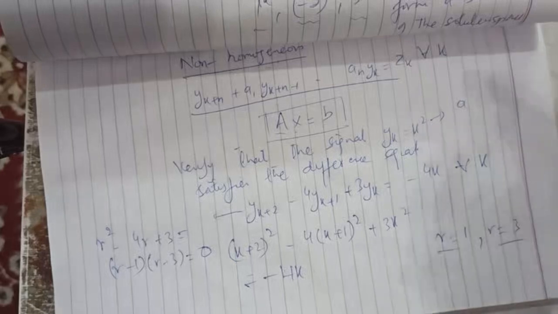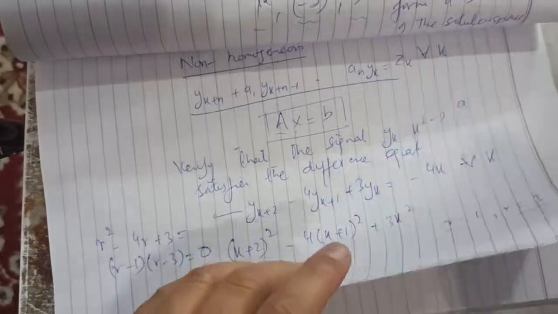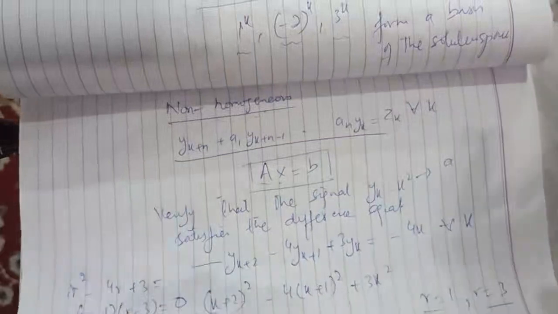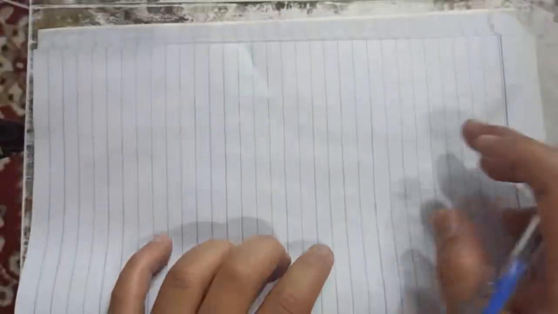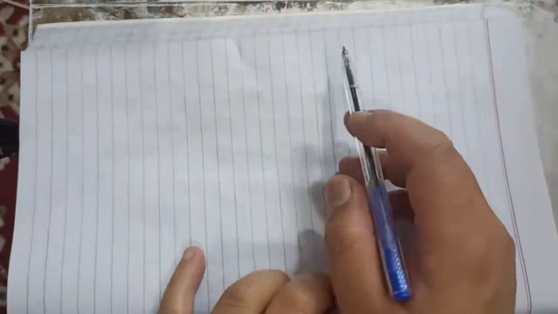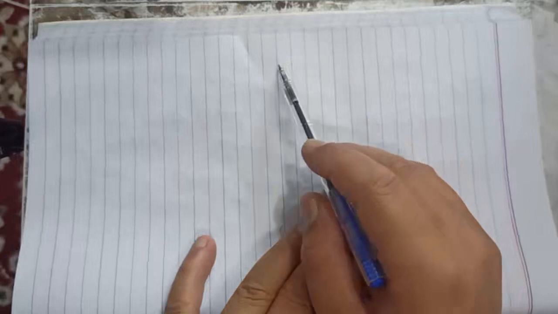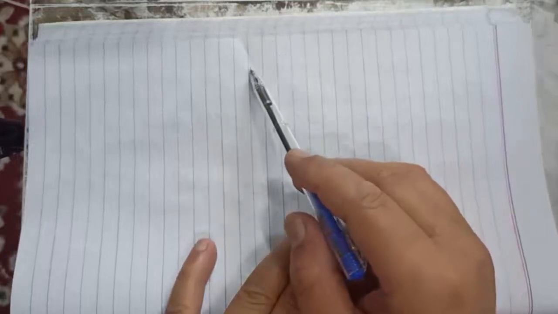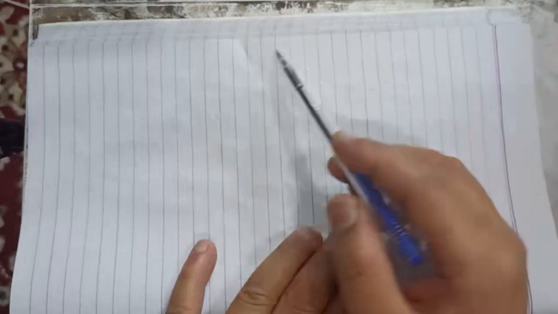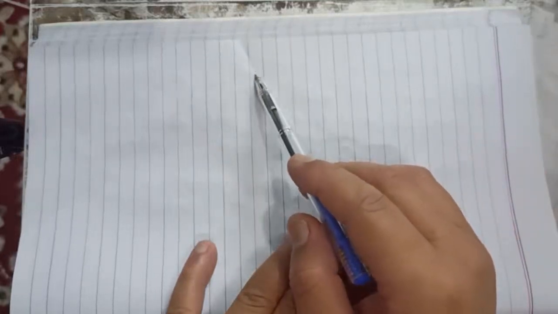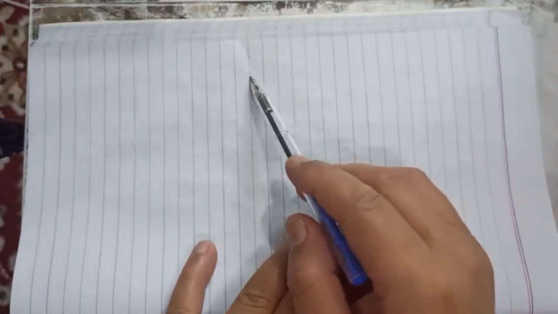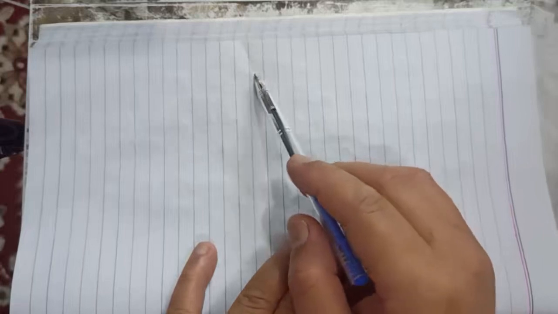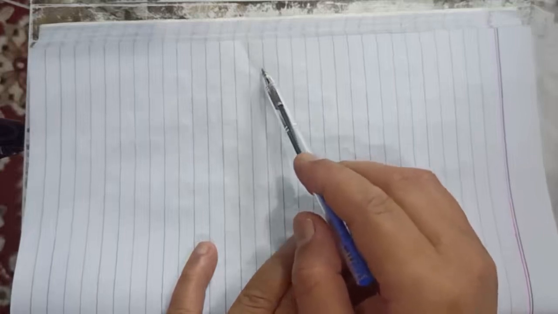Now if you remember from our early discussion, when we were talking about the solution of a system of non-homogeneous equations, there are two parts of the solution. One part is from the homogeneous part, and one is from the non-homogeneous part.